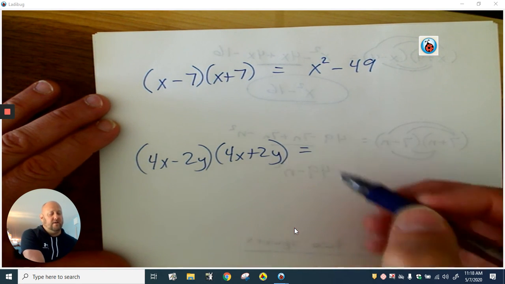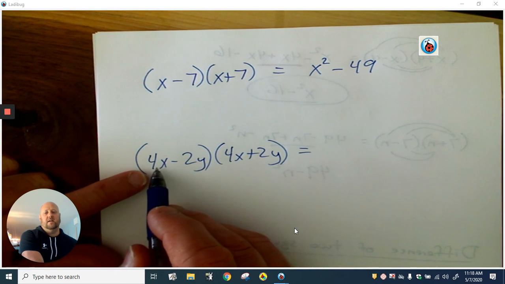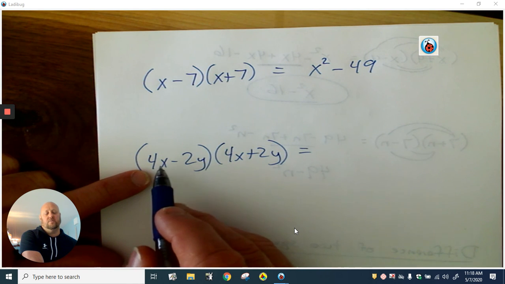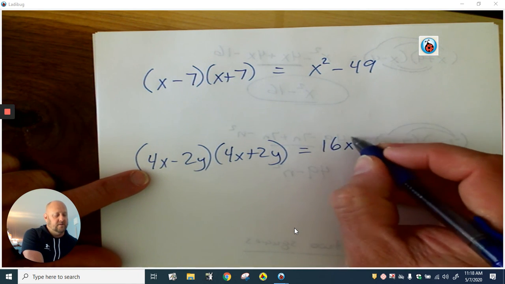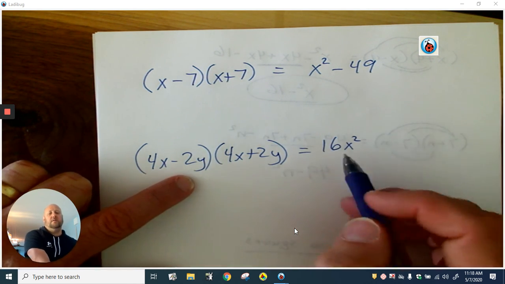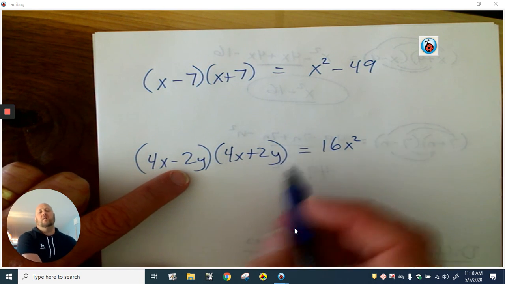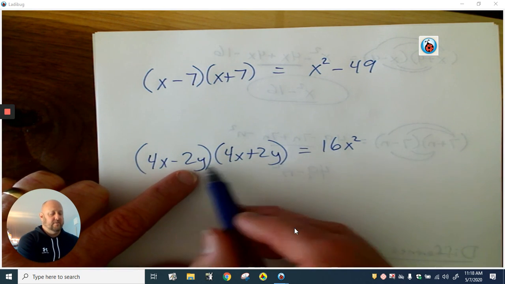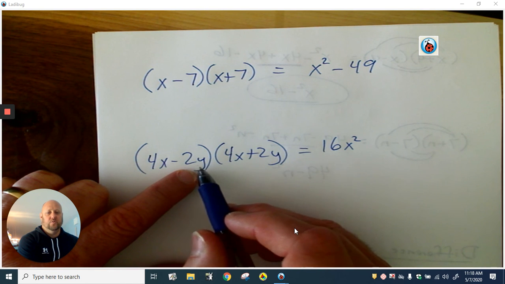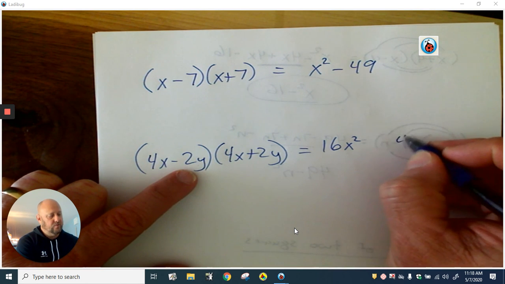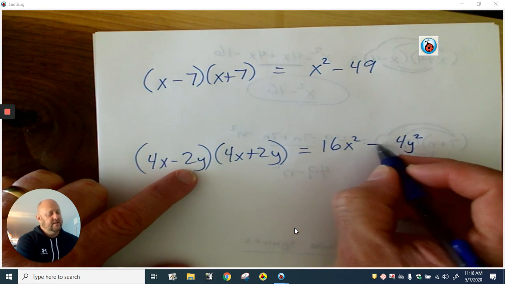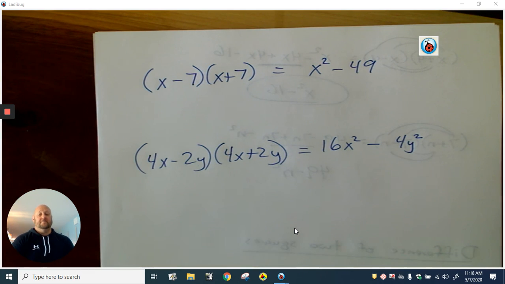We don't actually have to FOIL these out. All we have to do is take that first term, square it. 4x squared would be 16x squared. We don't have to worry about the middle term because the middle terms will always cancel each other out. All we have to do is square that second term. 2y squared would be 4y squared. And then we just put a minus in there, and you're done.